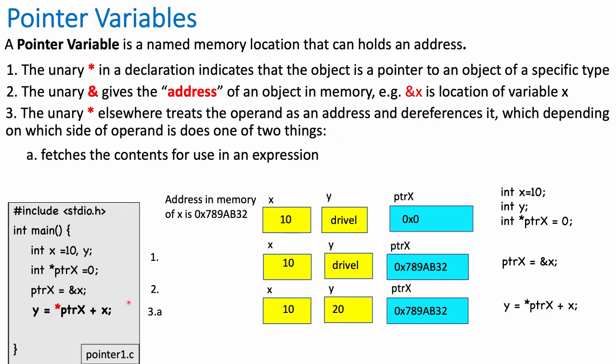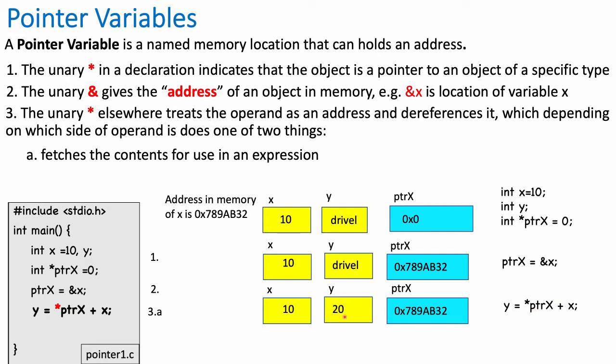Next up, we're using the star in an assignment. If it's on the right-hand side of the assignment, we're saying use the contents of whatever this is pointing to in the expression. So in this case, pointer x is pointing to x, so we take whatever that value is, 10. 10 plus x, 10 plus 10, is equal to 20.